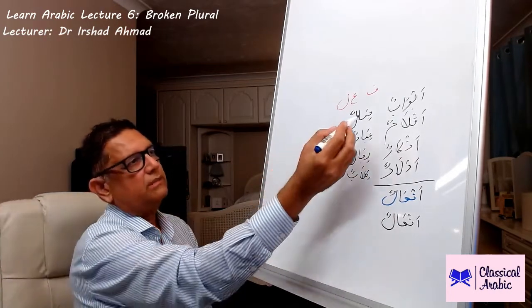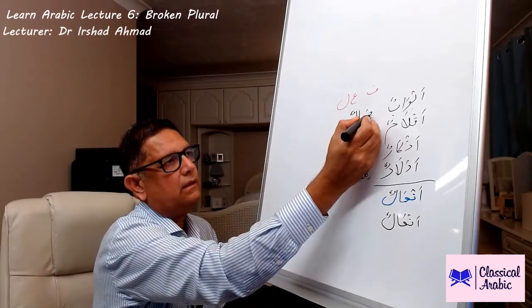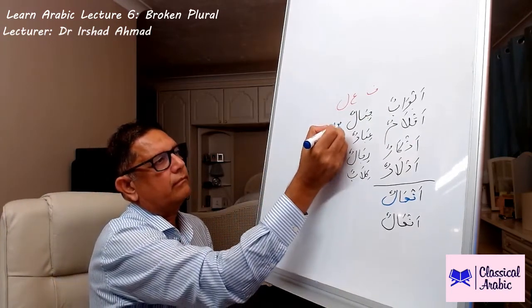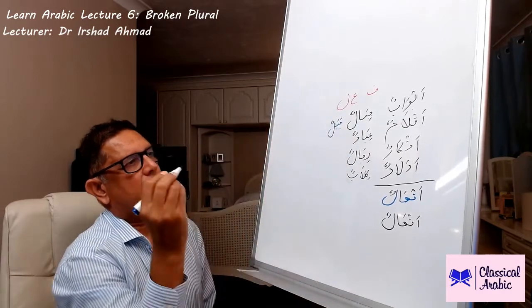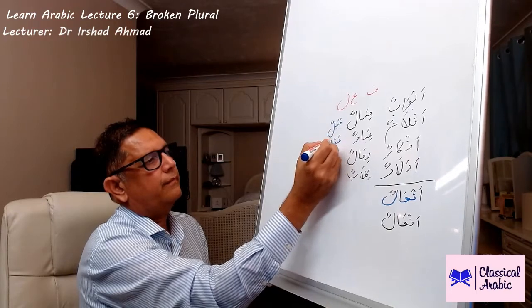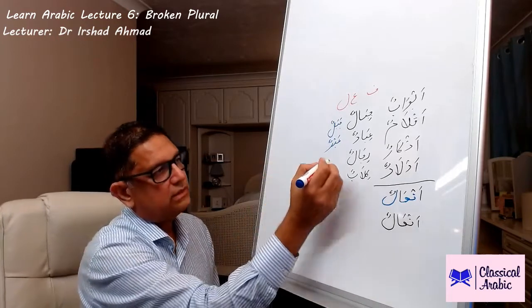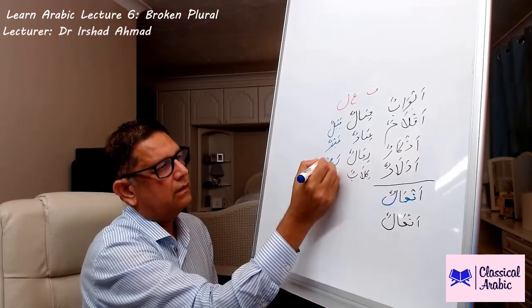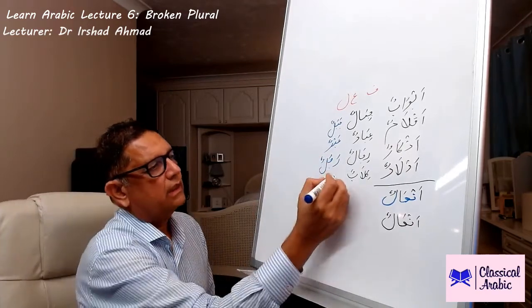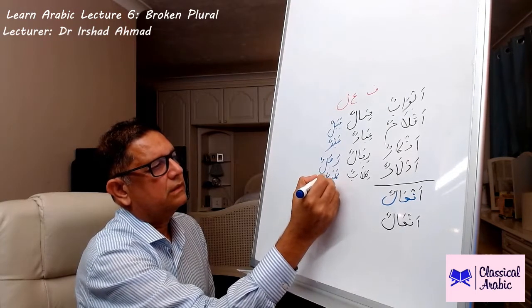Singulars will be jabalun, mountain; abdun, servant; rajulun, a man; and kilabun will be kalbun, dog. These are singulars.